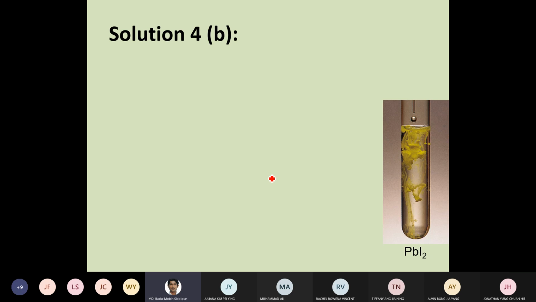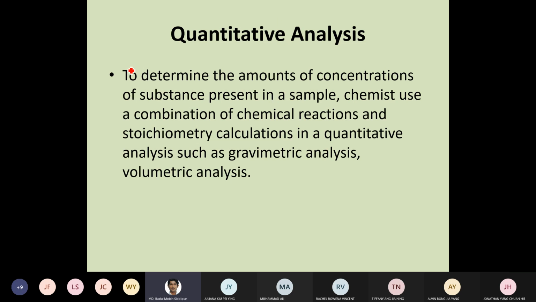If we take out the precipitate and dry it, making sure there is no water, make it a fine powder, and then weigh it, taking the mass of the compound that has been formed, from there we can do some investigation to get some idea of the identity of the chemicals that were involved in the reactions. So this is the quantitative analysis.